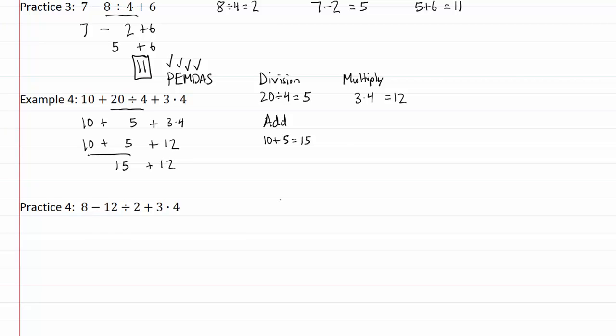So now we're adding again, this time 15 plus 12. The numbers getting a bit big. 5 and 2 is 7, 1 plus 1 is 2, and so this expression becomes 27. Now we've taken care of all the addition and subtraction. Nice work. Now I want you to pause the video and try practice 4 on your own.